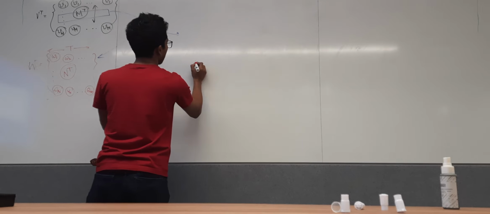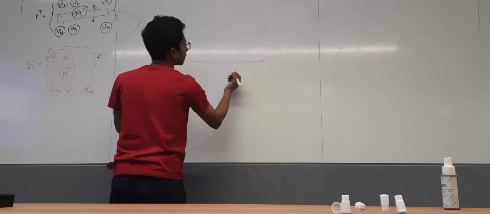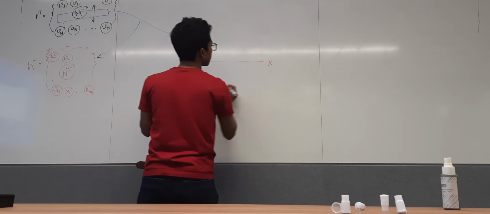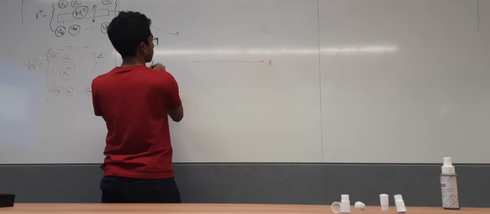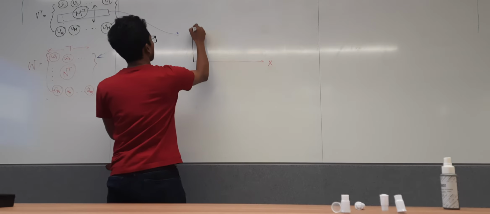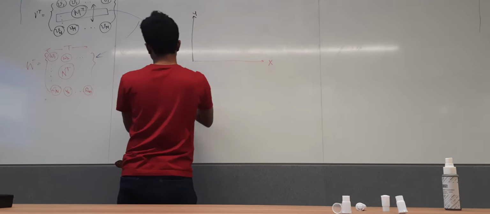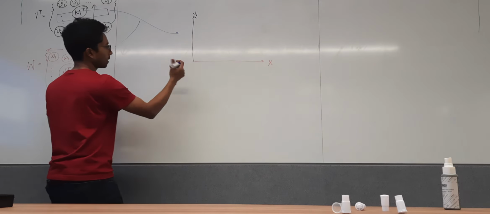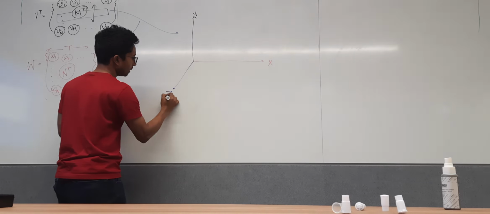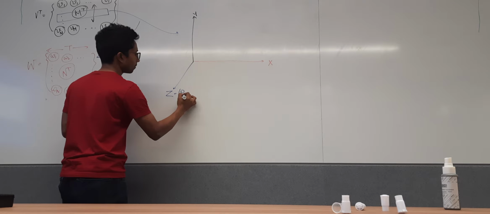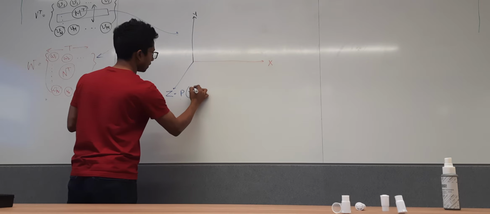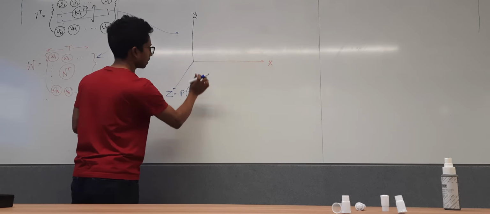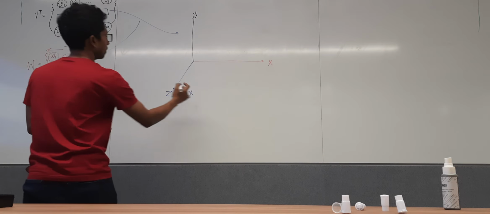So let's say this is my x-axis and this is my y-axis, and somewhere I have the probability of the joint distribution of x and y.